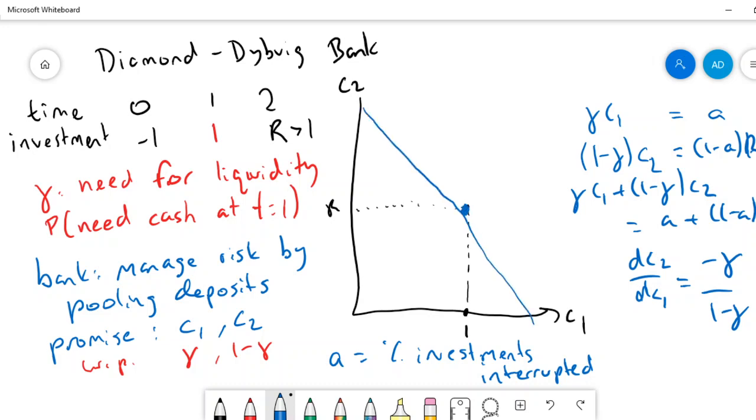Going through that point (1, R) has got to be achievable for the bank. If the individual can get 1 and R, the bank can promise them 1 and R. But in general, they might be able to do better. Imagine the indifference curves were something like this. If someone's indifference curves were somewhat like this, the bank can promise them C1, C2 by pooling risk across a large number of clients in a way that might make them better off than going it alone.